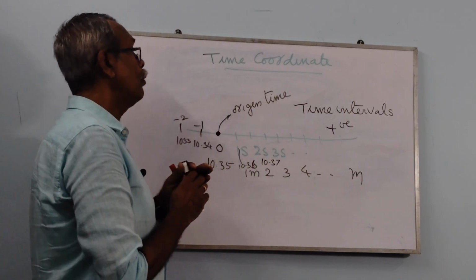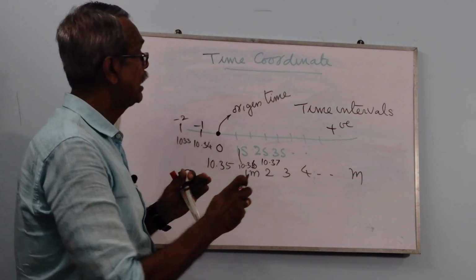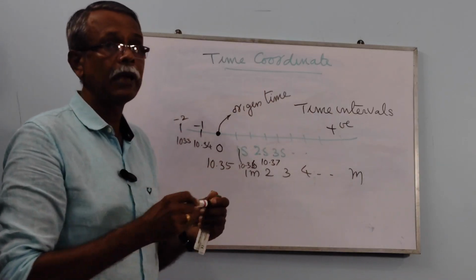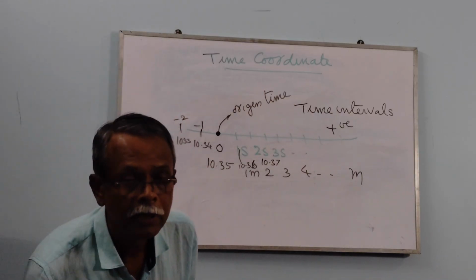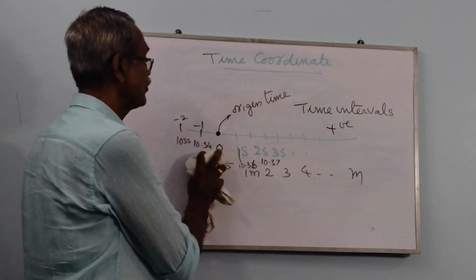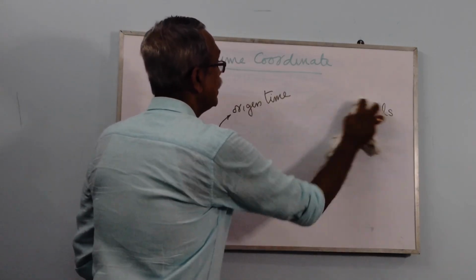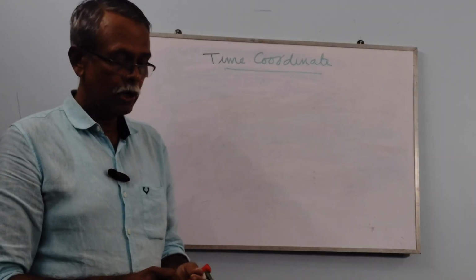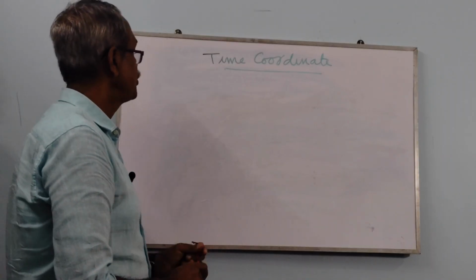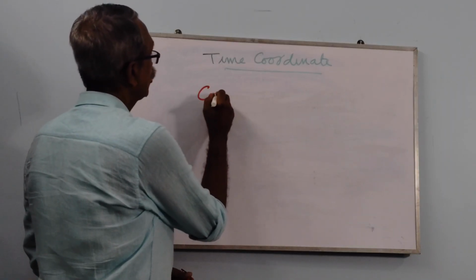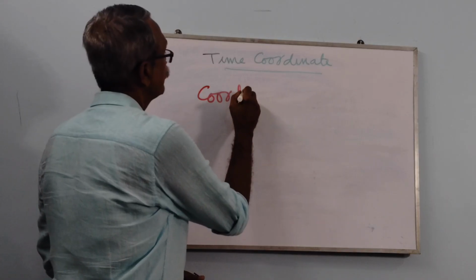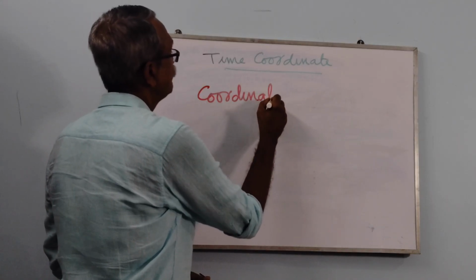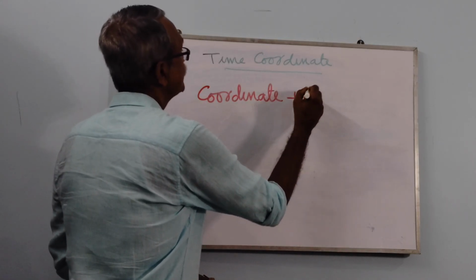Now if we have the time coordinate system like this, and we have a space coordinate system which we have described earlier, therefore we have a coordinate system plus time.